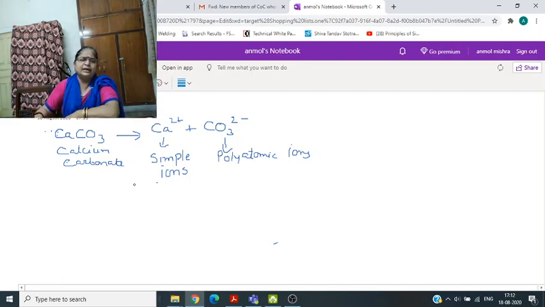So, other examples, NH4 plus, this is the ammonium ion.